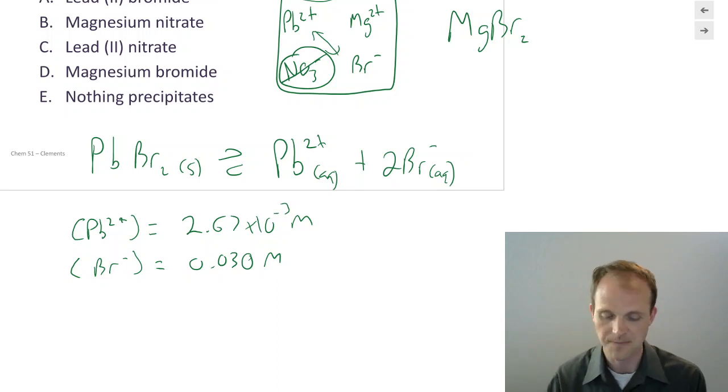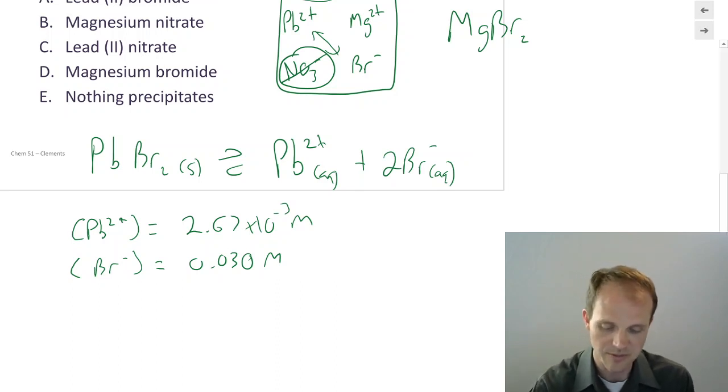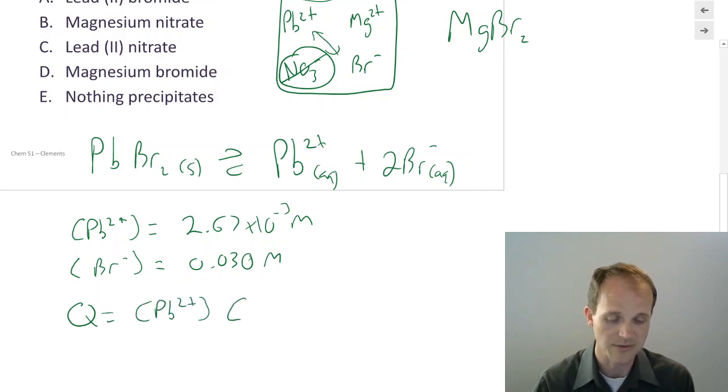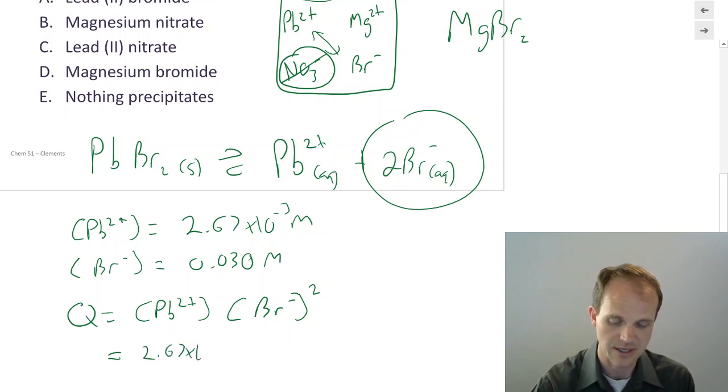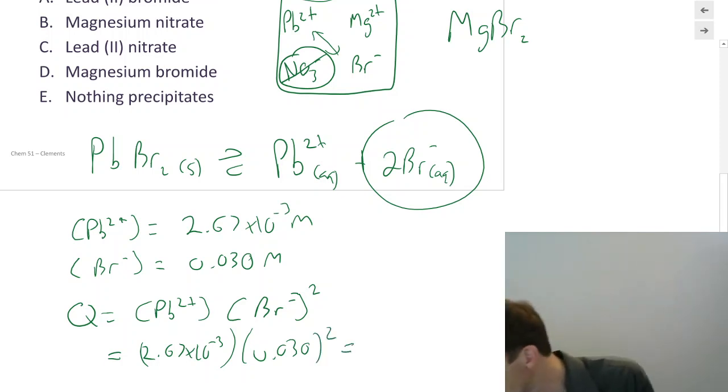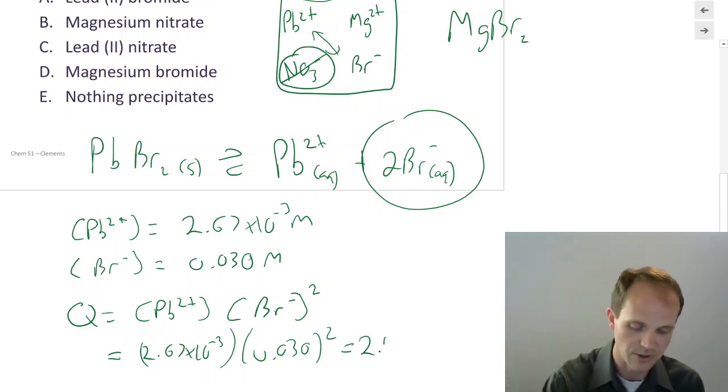So bromide, 0.030 molar. When you multiply those out, you're going to find Q equals Pb2+ times, since you've got 2 Br, Br- squared. And so 2.67 times 10 to the minus 3rd times 0.030 squared is going to be equal to 2.4 times 10 to the minus 6.